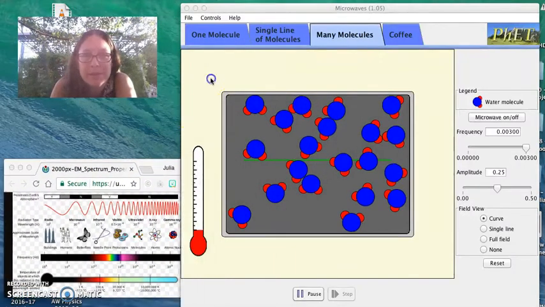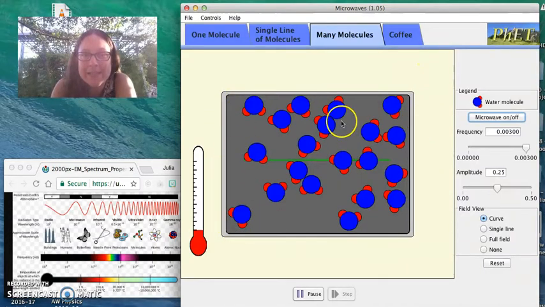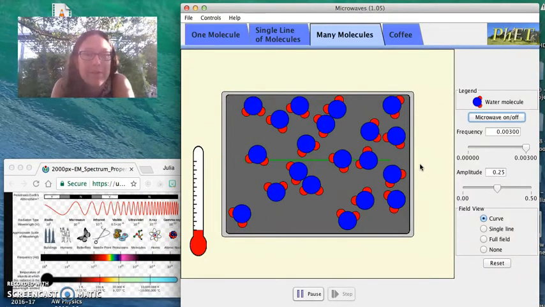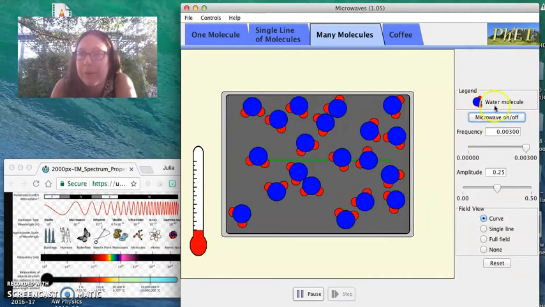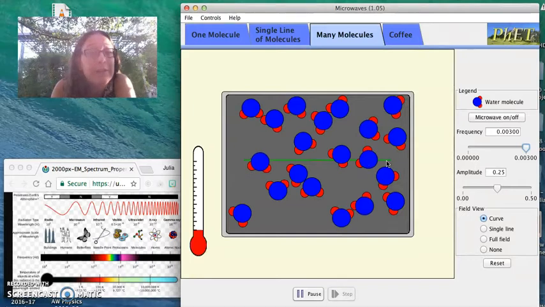So the PhET group in Colorado has this awesome simulation, and here they have a small microwave oven, and inside you can see a bunch of water molecules. These ones are quite cold. They're not even barely moving at this moment. But what we can do is we can choose a frequency of microwave, and that microwave is going to show up with this green line back here, which is just a silly little representation of the electric field.